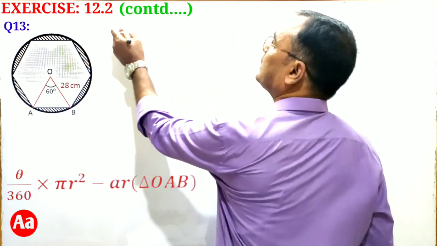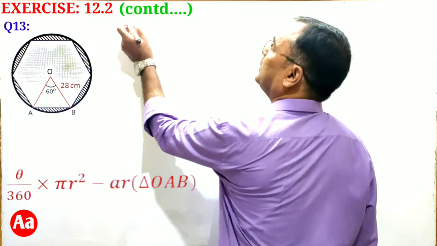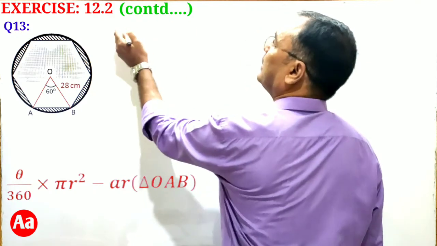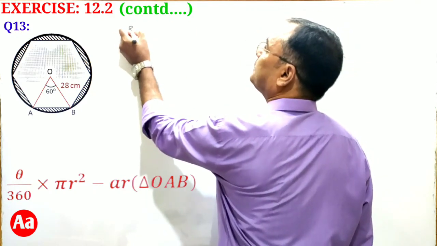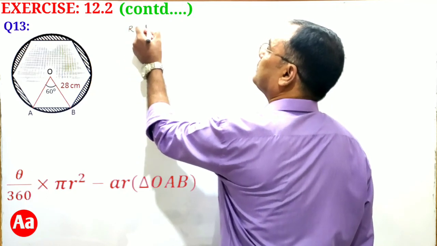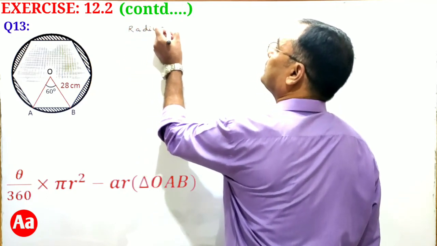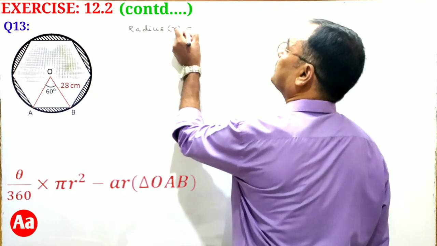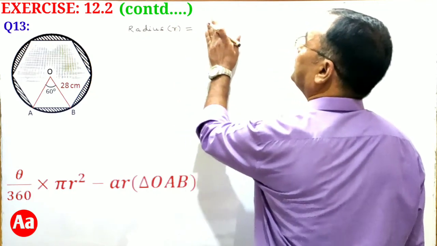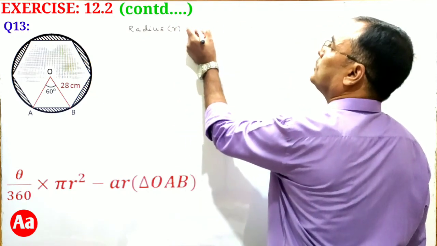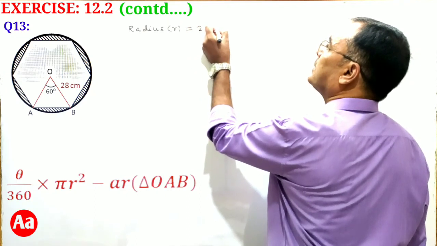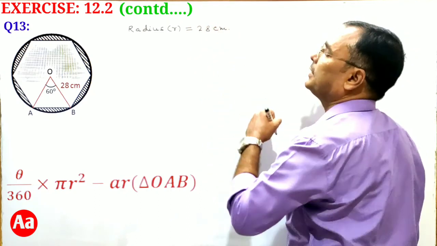The radius of the round table cover is given, 28 centimeter.